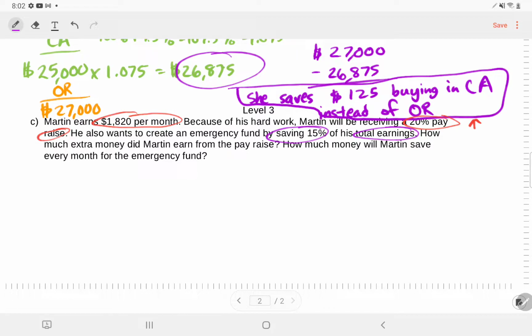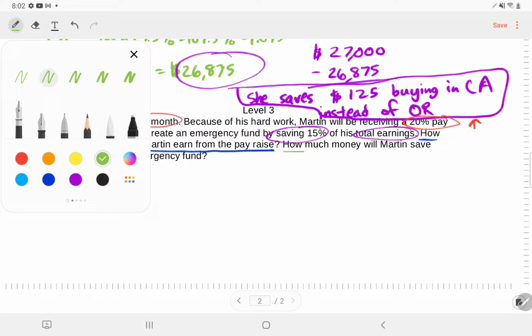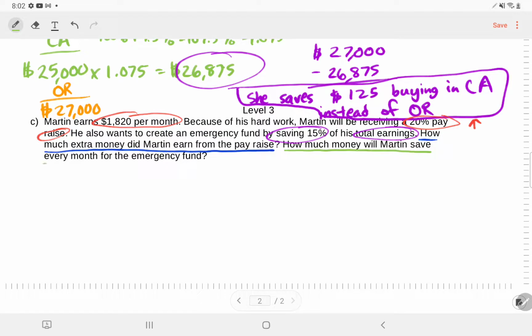How much extra money did Martin earn from the pay raise? And also, how much money will Martin save every month for the emergency fund? So there's 2 questions in this problem. We'll talk about the pay raise problem first.